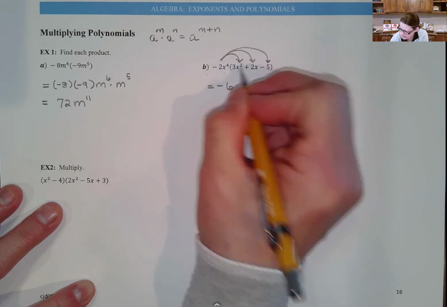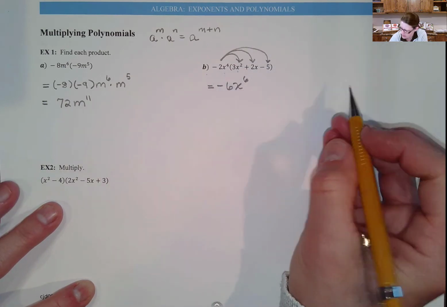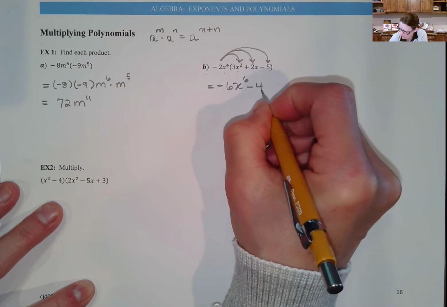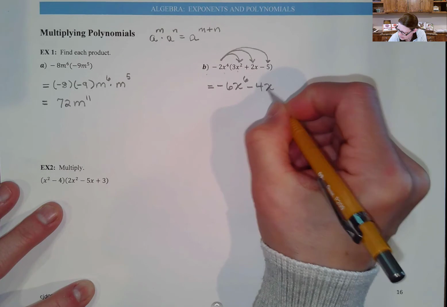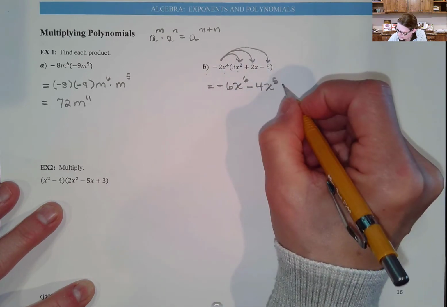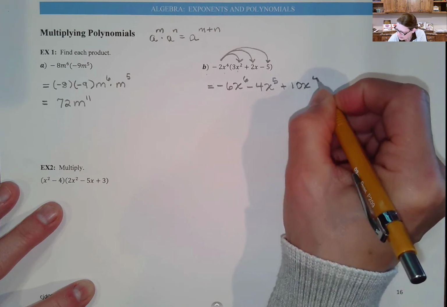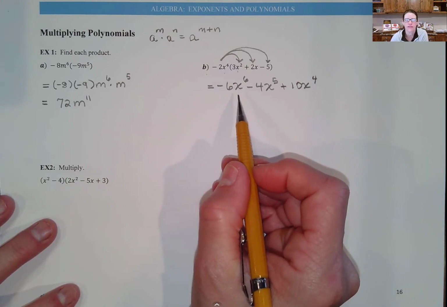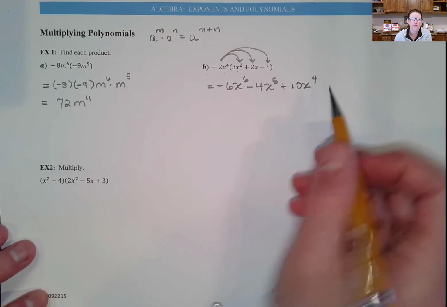X to the 4th times x squared is x to the 6th, adding exponents. -2 times +2 is a -4. And x to the 4th times x is x to the 5th. -2 times a -5 is a +10. And don't lose your x to the 4th. So our answer there, -6x to the 6th minus 4x to the 5th plus 10x to the 4th.